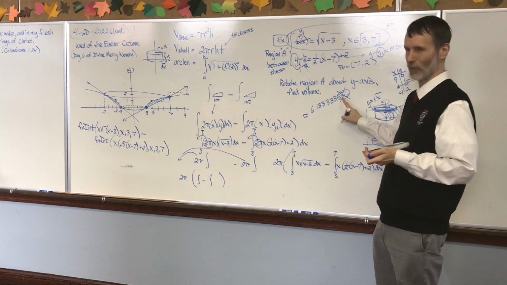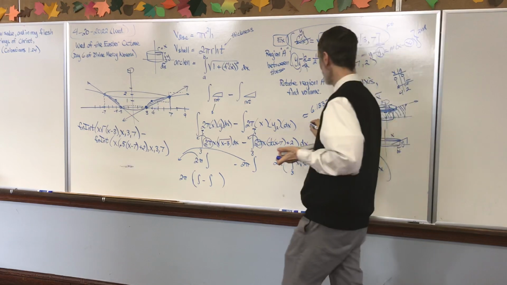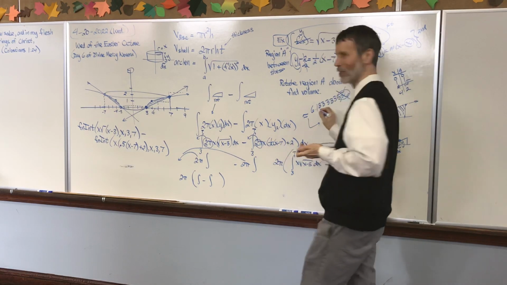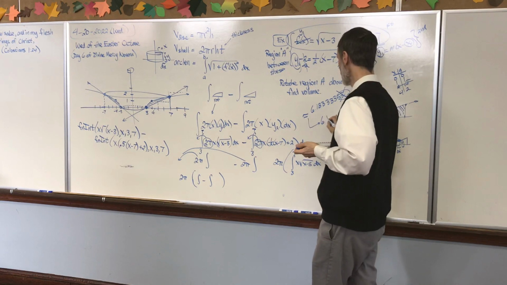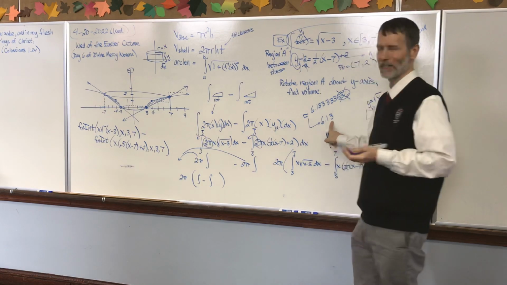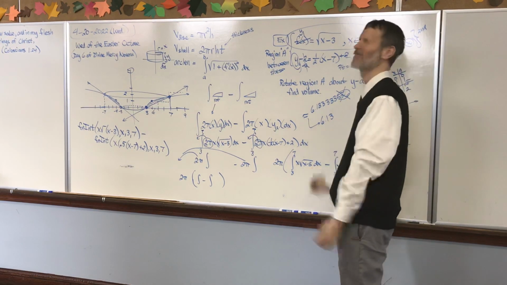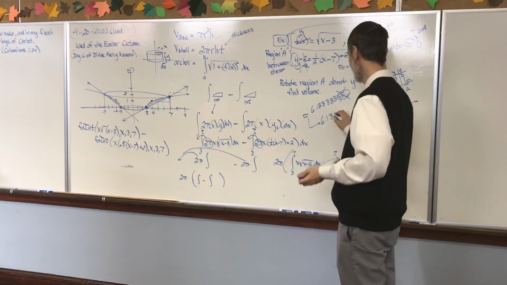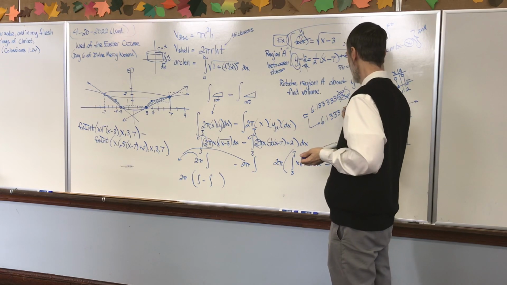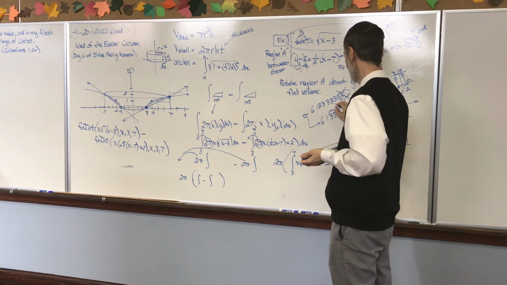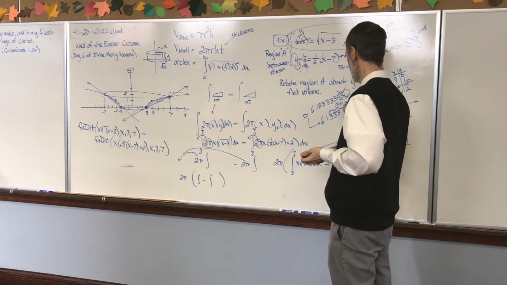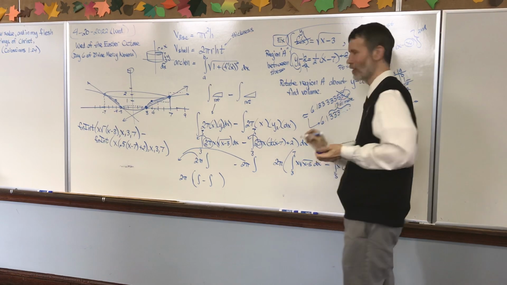This is 6.13 repeating. So if you want to fool the calculator into doing this repeating exactly, you type in at least 13 threes. So in other words, I'd like 13 or more. That will fool the calculator into thinking it goes forever.